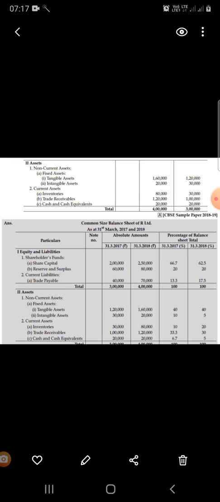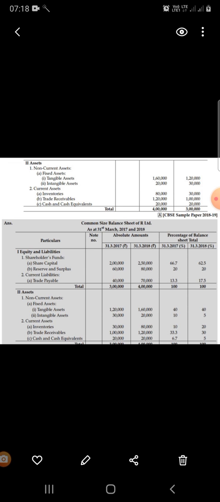Now, as per our question, trade payables are given as 40,000 for 2017 and 70,000 for 2018, and the total is 3 lakhs and 4 lakhs for the years 2017 and 18.